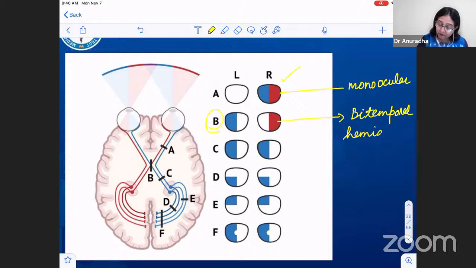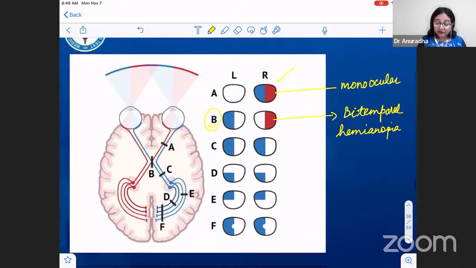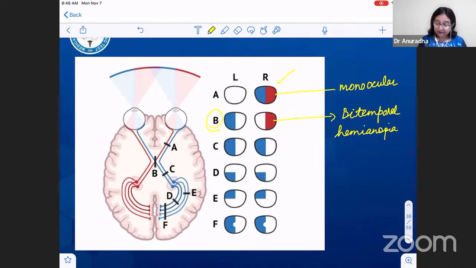And please remember, the most common cause of the chiasmal lesion is pituitary tumors, right? If the optic tract is gone, that causes homonymous hemianopia but involving the macula.